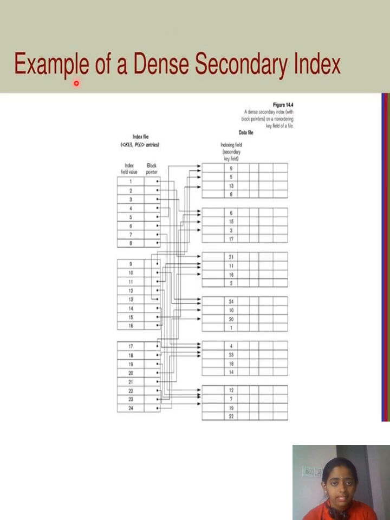This is an example for a dense secondary index. In this we can see we have 3 blocks and each block is mapped to different blocks in the other part. So this is an example for a secondary dense index.